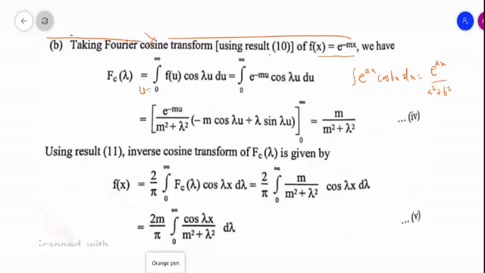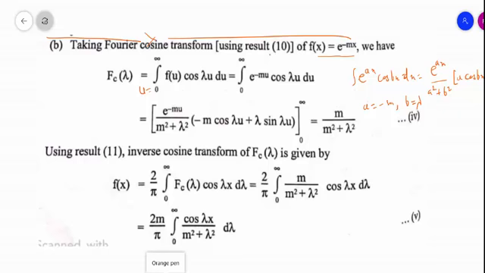Here the coefficient of x in the exponential function is minus m, so we replace a by minus m and b by lambda and x by u. So we get this term, and here the upper limit is u equal to lambda and the lower limit is u equal to 0. Substitute the upper limit.